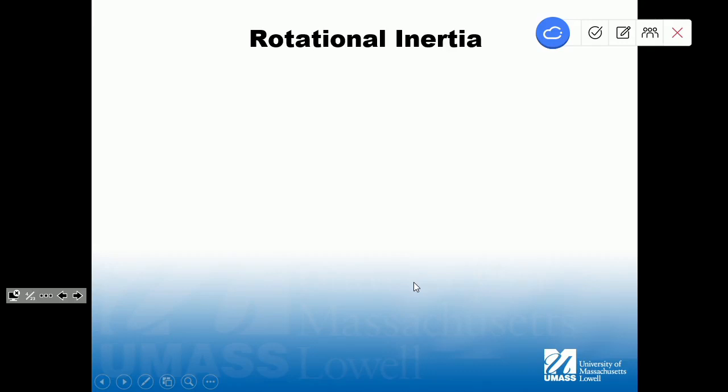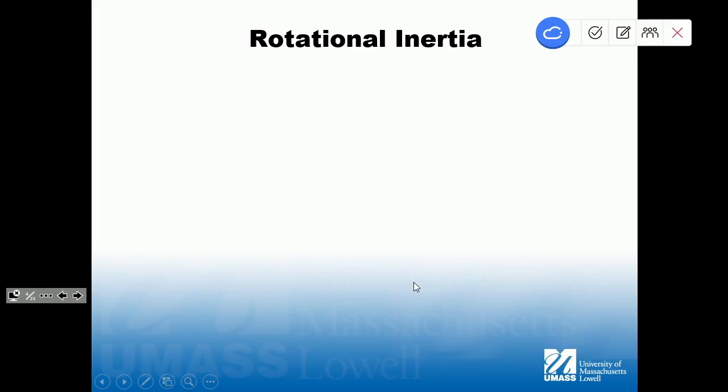Everyone following me? The difference between this situation and this situation is that the mass is distributed differently around the axis of rotation. In this case, is more mass further away or closer to the axis of rotation? Further, right?